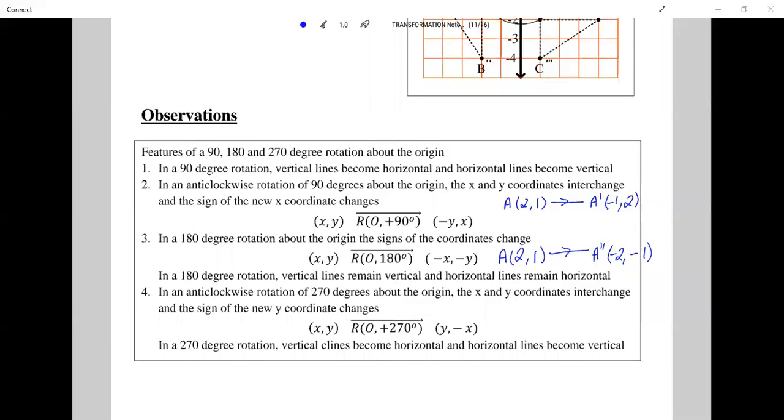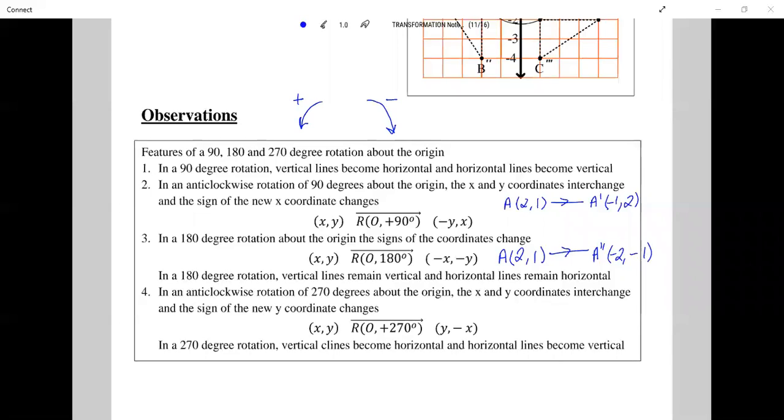Now, the fourth one is this. In an anti-clockwise rotation of 270 degrees about the origin, the x and y coordinates interchange and the sign of the new y coordinate changes. So R_O plus 270 degrees means an anti-clockwise rotation of 270 degrees about the origin. This is anti-clockwise, and that rotation is viewed as positive. This is clockwise, and that rotation is viewed as negative.